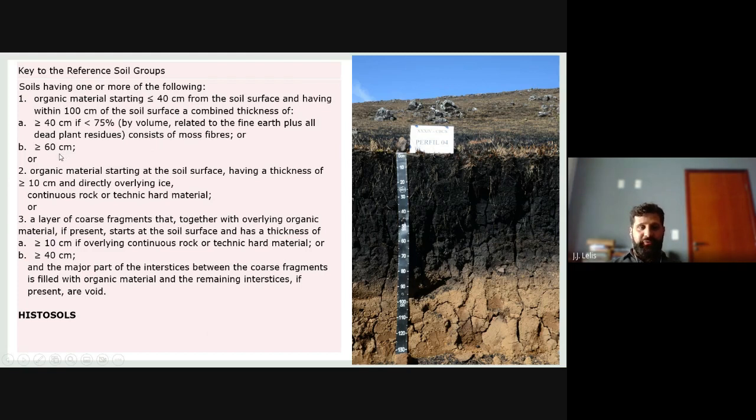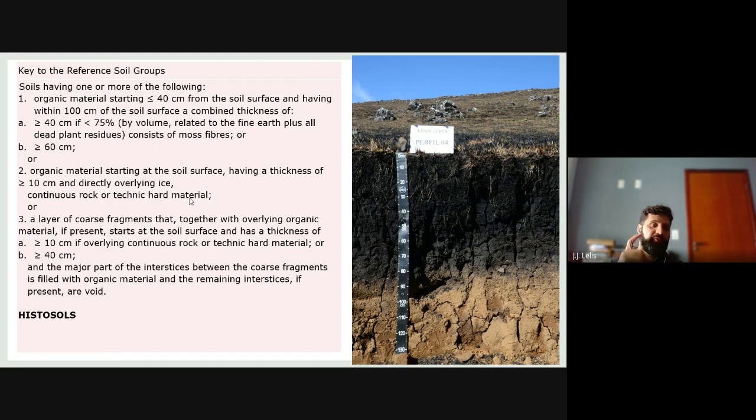Or if the organic layer starts at the soil surface, it should possess at least 10 centimeters if this organic horizon directly overlies ice, rock, or technic hard material, material that was created by humans.